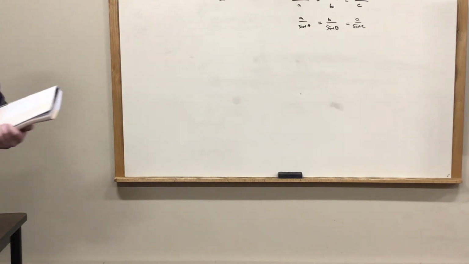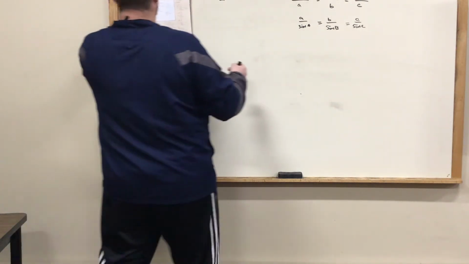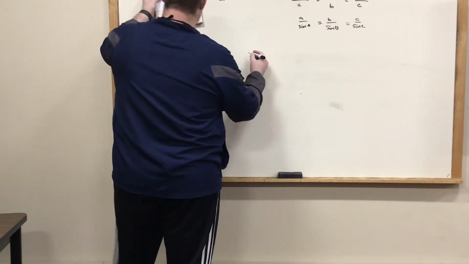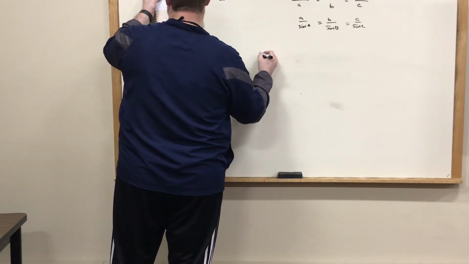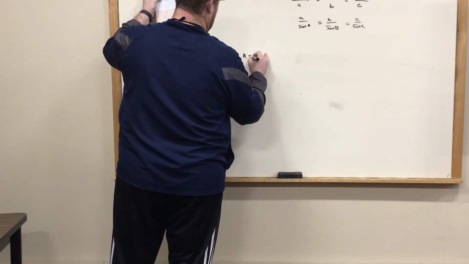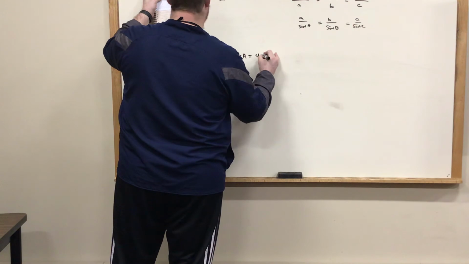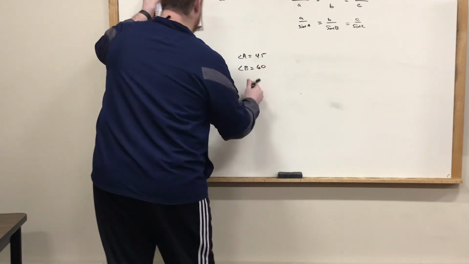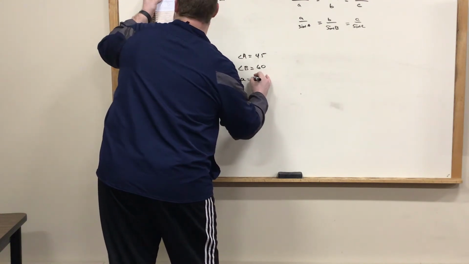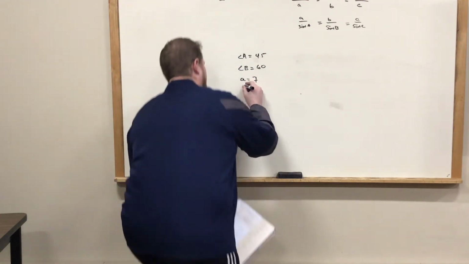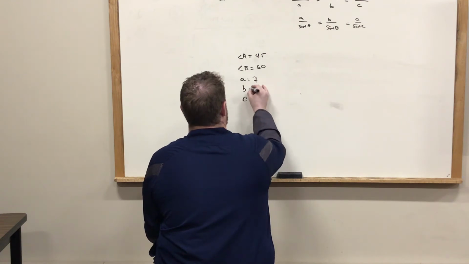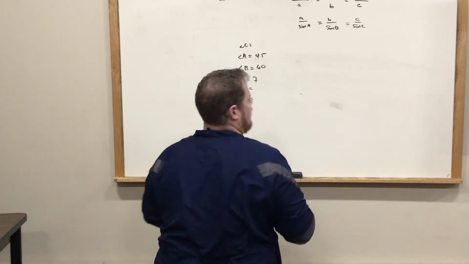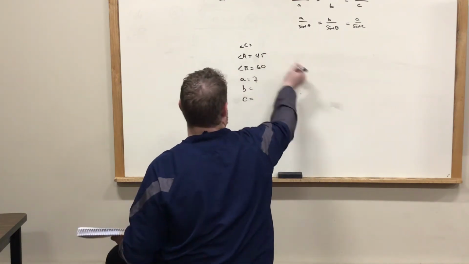All right, so here we go. Let's do number 12. Our drawing for number 12: angle A is 45, angle B is 60, and we have a lowercase a of 7. And we're looking for b, c, and angle C. So real quick, can somebody help me find angle C?